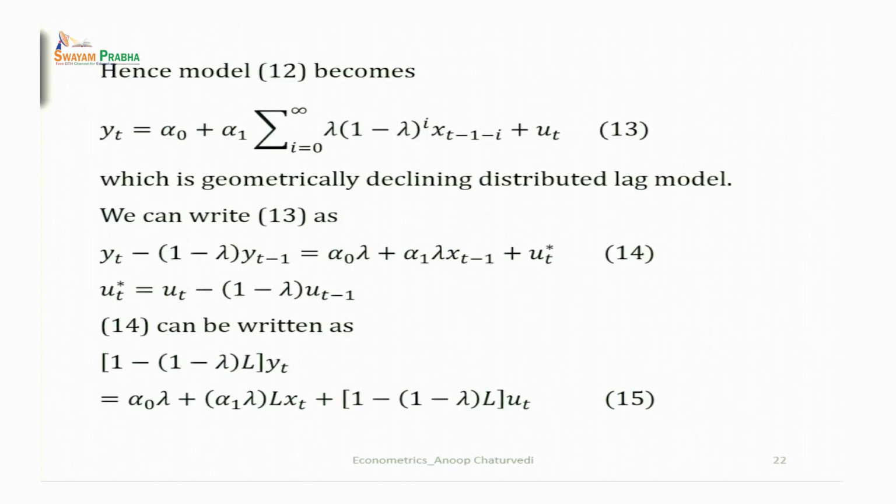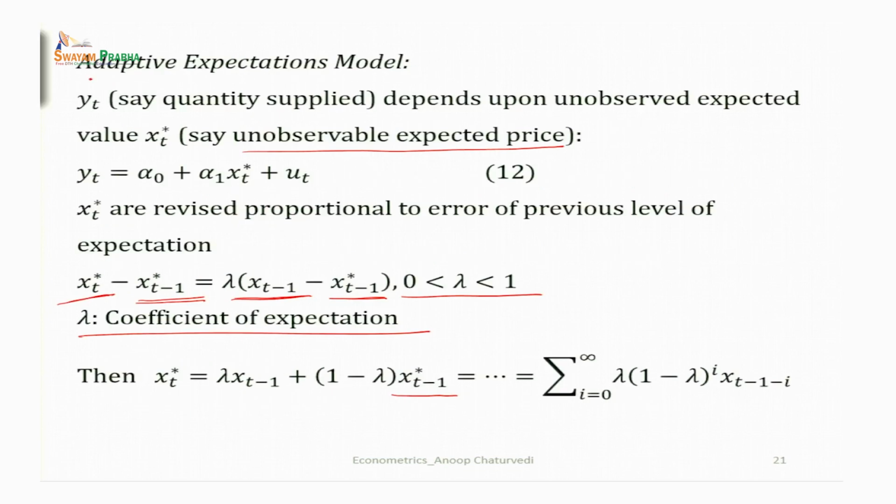So, you get the model y_t equal to alpha_0 plus alpha_1 summation i equal to 0 to infinity lambda (1 minus lambda)^i x_{t-1-i} plus u_t. Now, this is the geometrically declining distributed lag model. So, this is actually another interpretation of the geometrically declining distributed lag model as the adaptive expectations model.